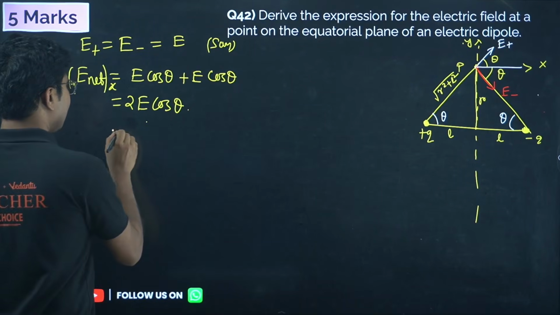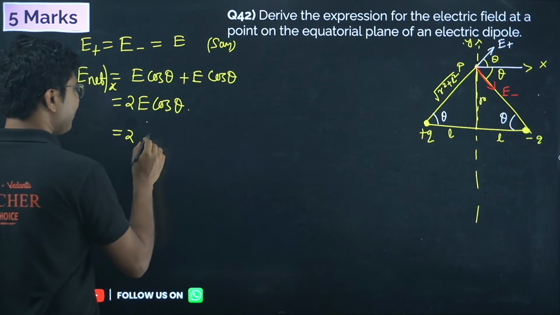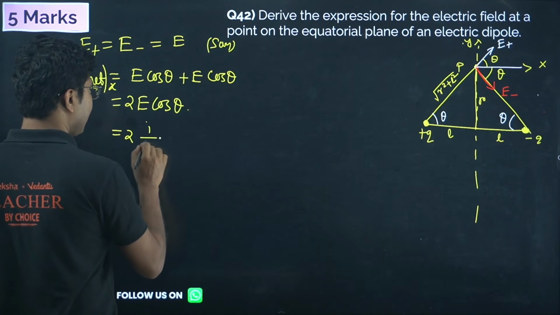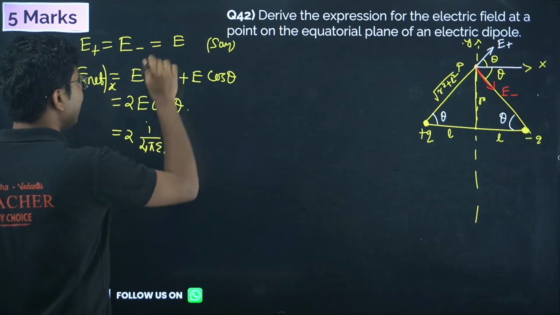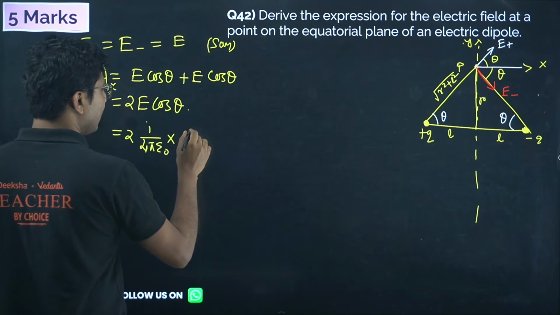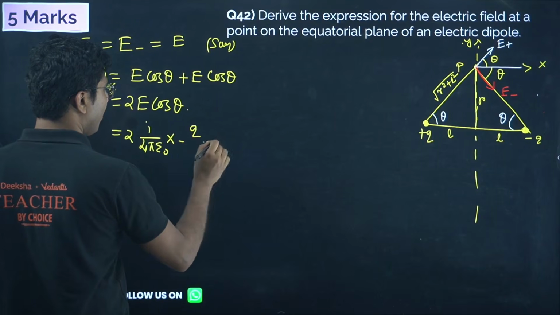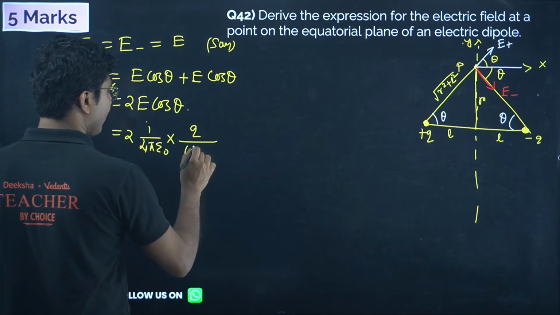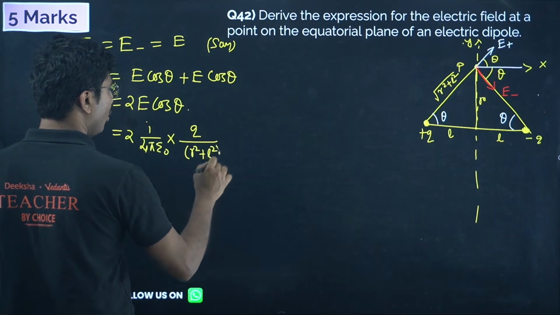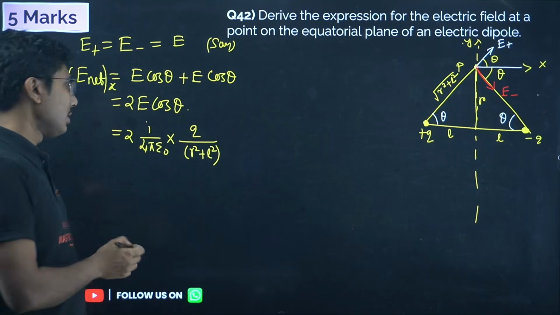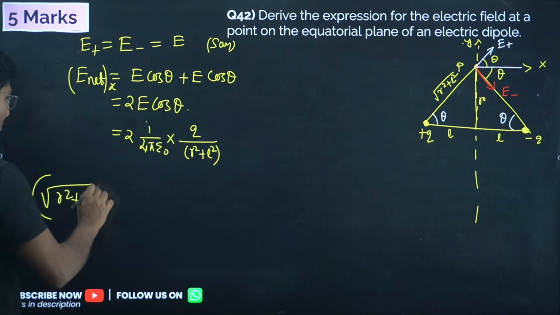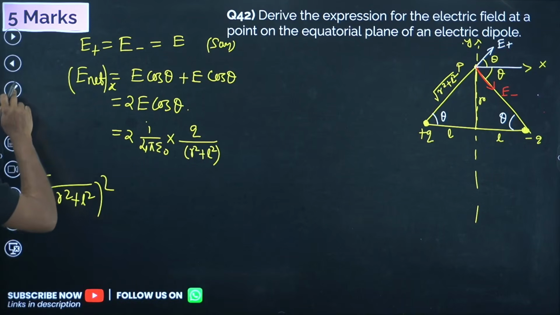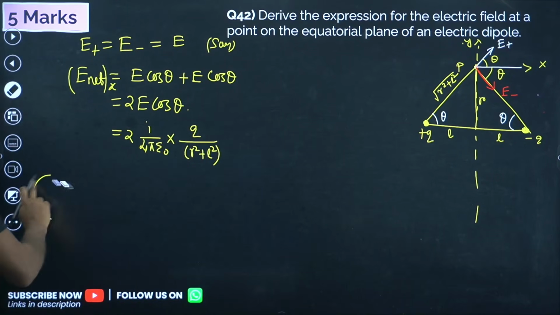But what is that electric field? Electric field is very simple. 1 by 4 pi epsilon naught into Q upon square root of R square plus L square whole square. So square root is gone, simply R square plus L square is there.